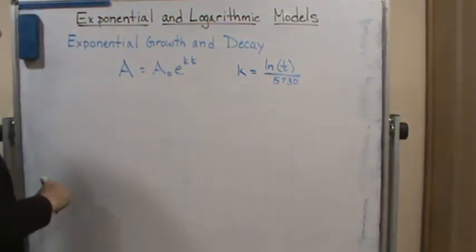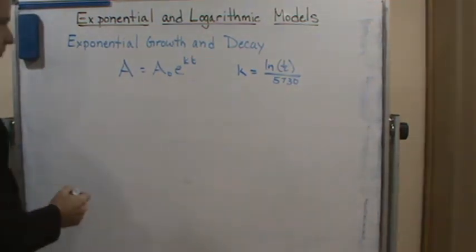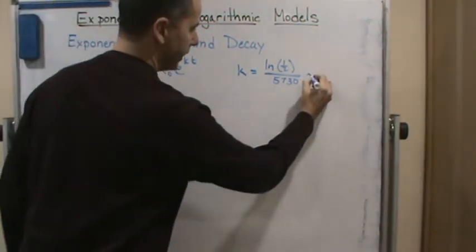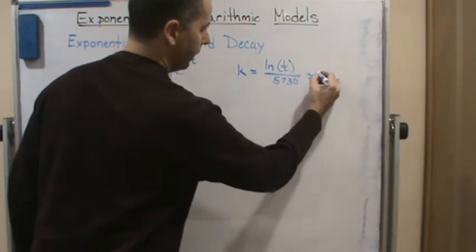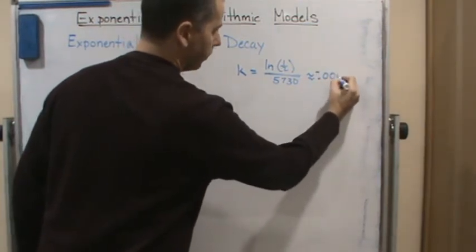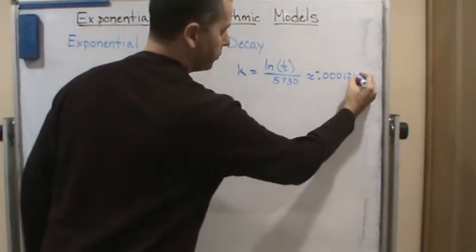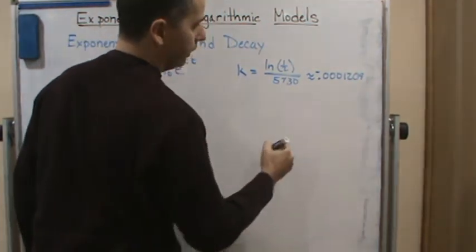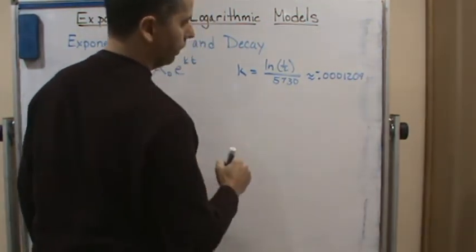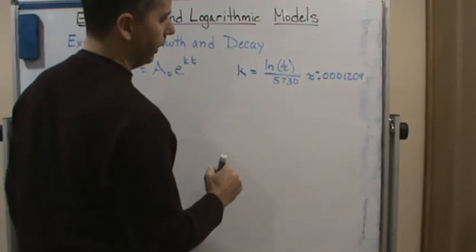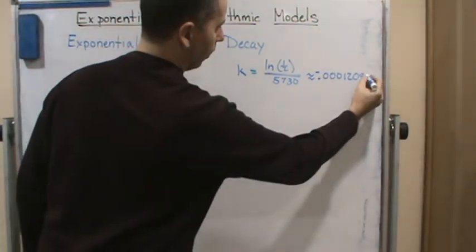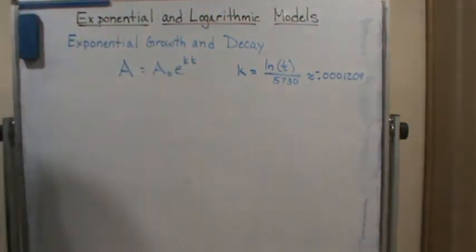Okay, so we know that that's the constant K. And again, we know that this is approximately equal to negative 0.000121, I believe, but I'll leave it at that.